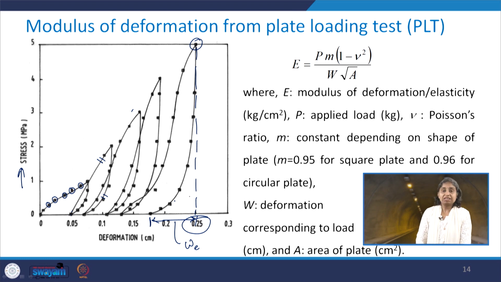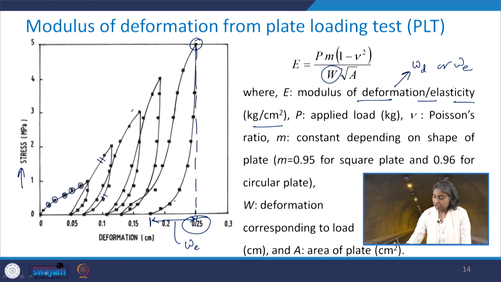So how can we determine the modulus of deformation or the elasticity? Both we are doing, and I just explained the difference between these two. Based upon that, here the W value will be taken as either WD or WE. Accordingly, you can determine either the modulus of deformation or the modulus of elasticity.